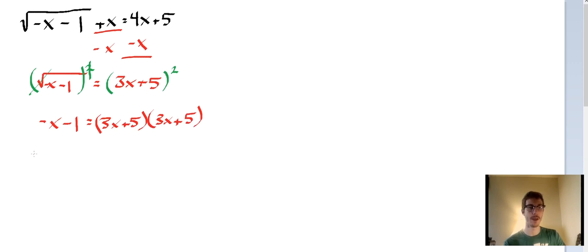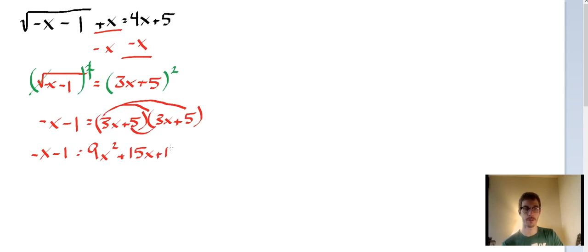And doing all of the math out, we have a negative x minus 1 is equal to 9x squared plus 15x plus 15x plus 25.